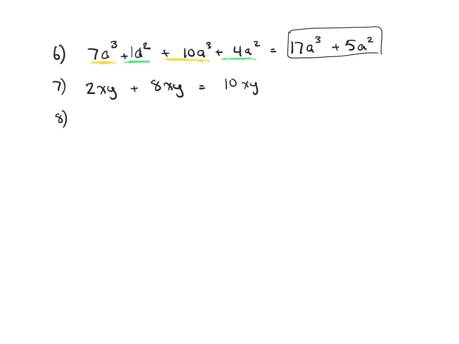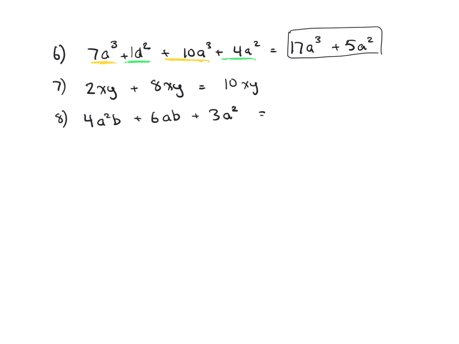Okay, how about this? Let's say 4a squared b plus 6ab plus 3a squared. Okay, we will do this one.